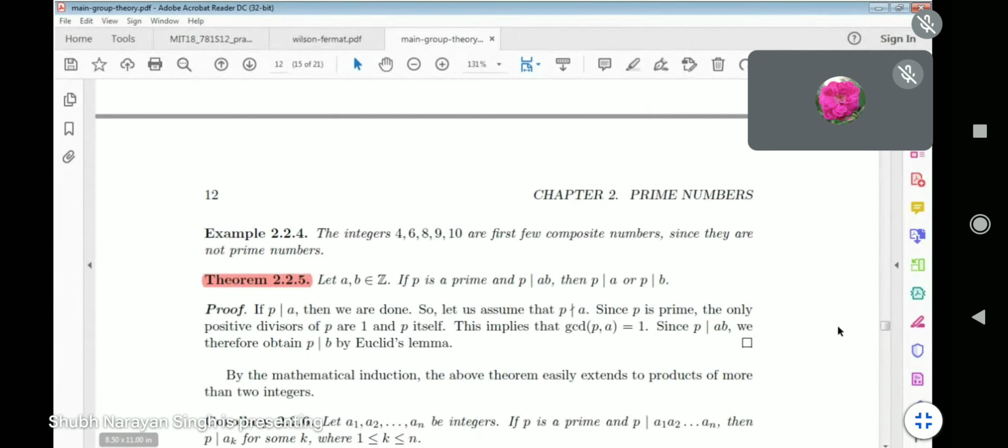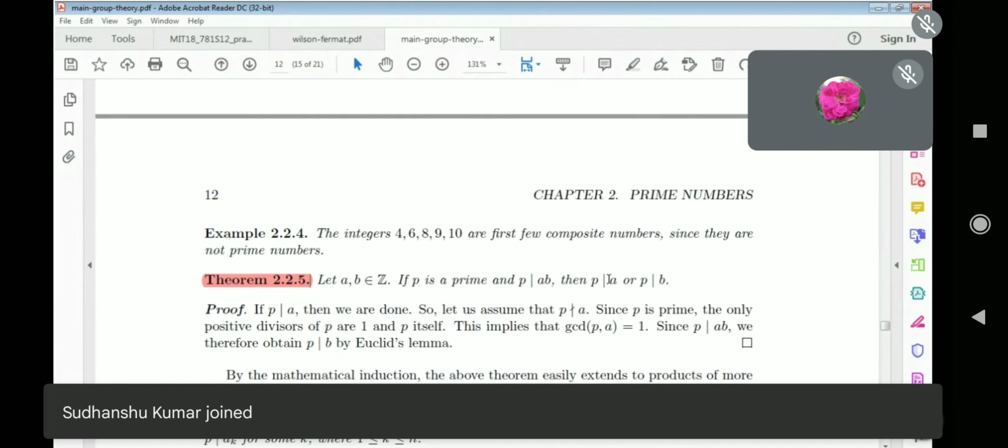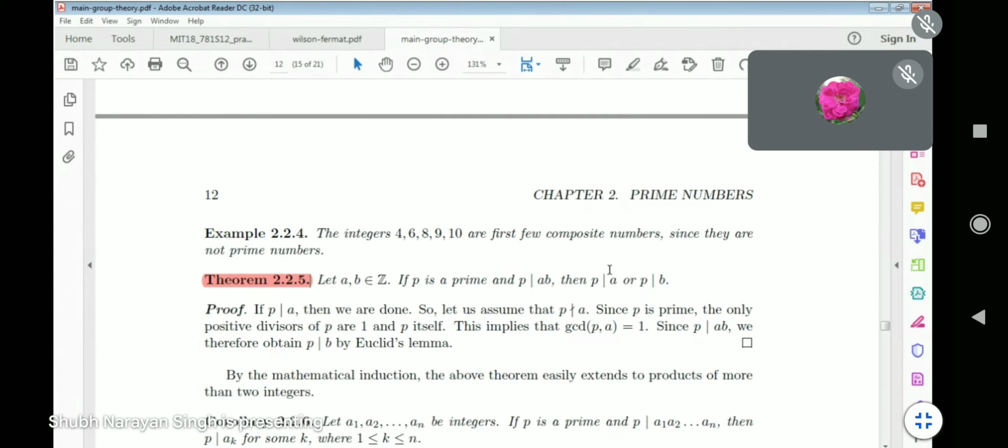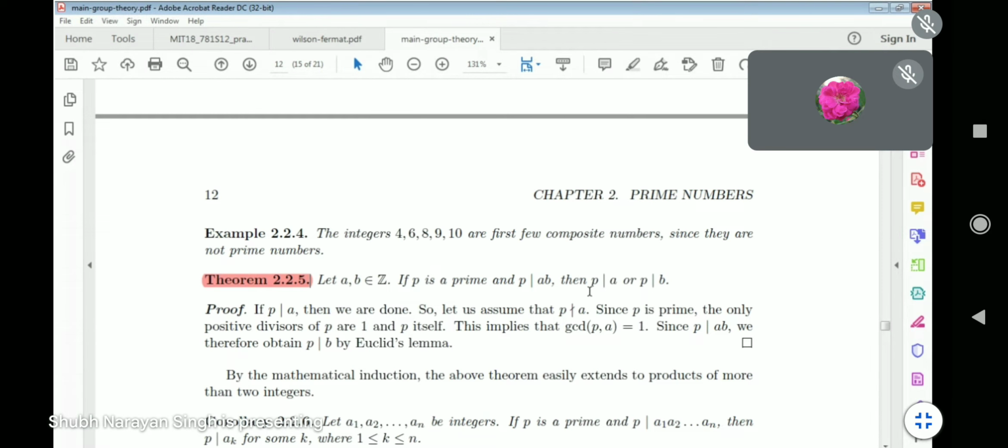In this case we conclude that p divides a or p divides b, meaning at least one of the factors is divisible by the prime p, at least one.